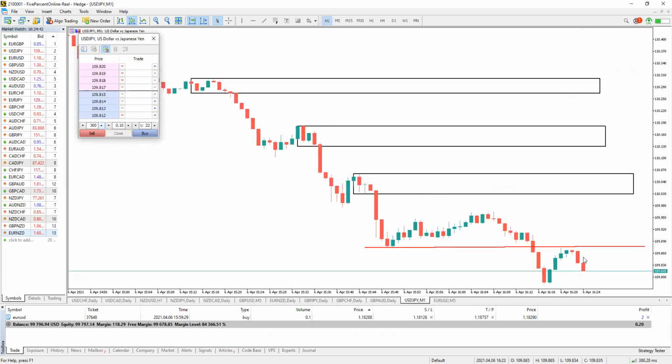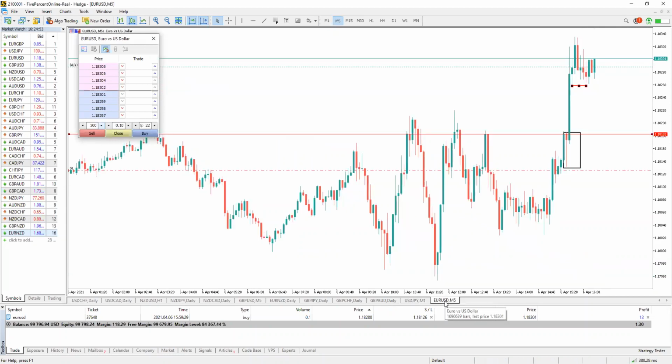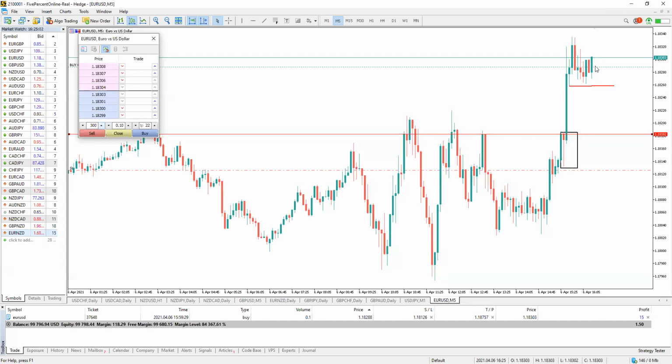Okay, it worries me that the movement I was planning for on the dollar yen is happening, and it's not happening on the euro USD. So this really needs to start moving in any direction.